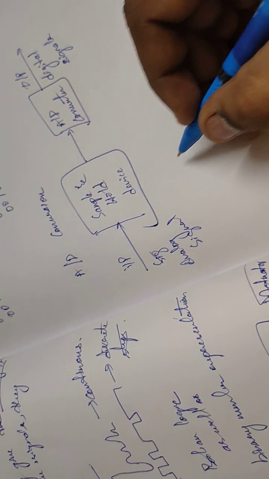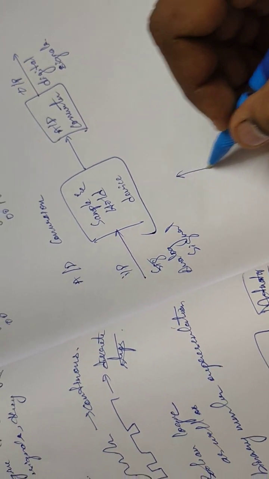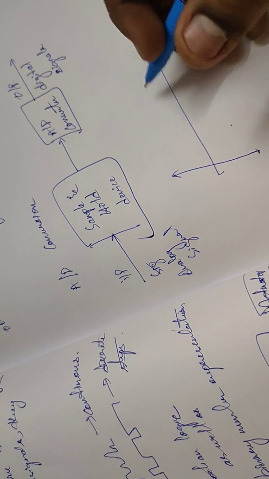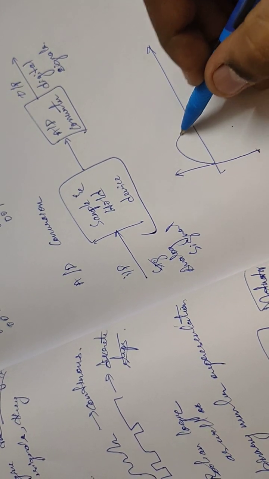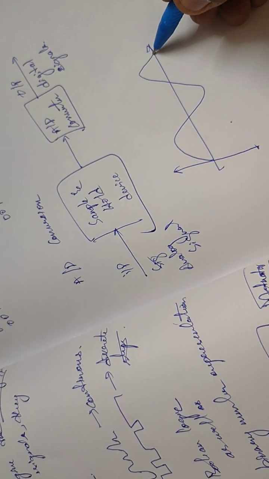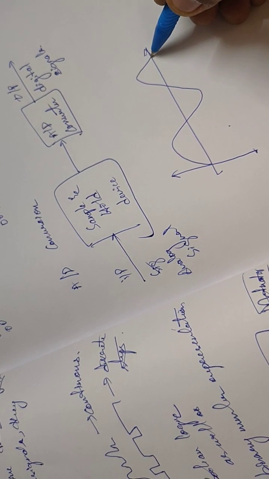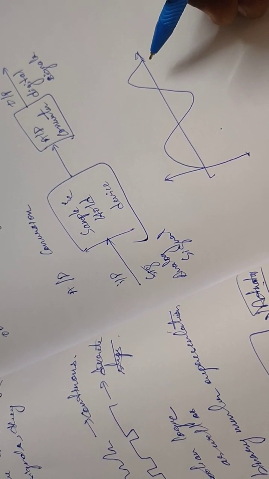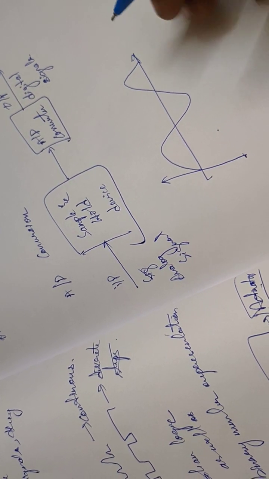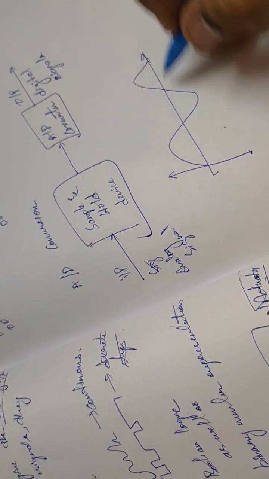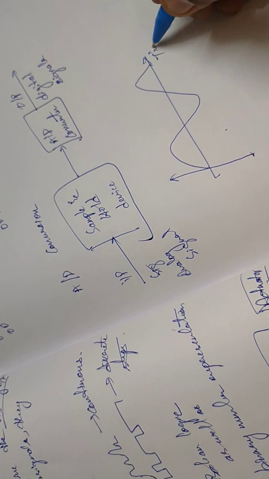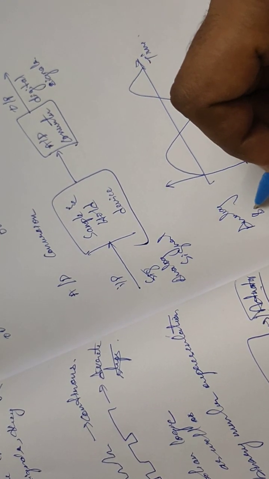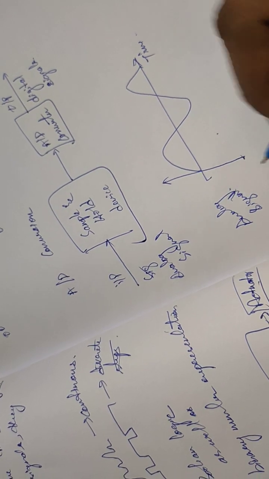Now we consider a simple analog signal over time. Say it's like this, right? The clock signal supplies the time signals at which the sampling occurs. This is the signal.